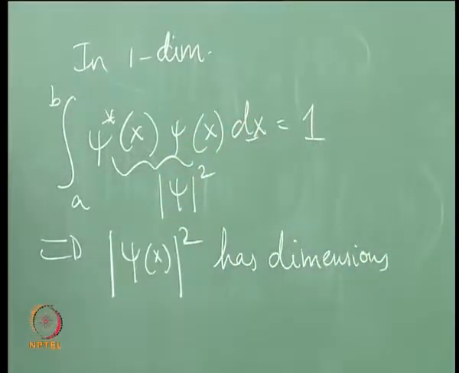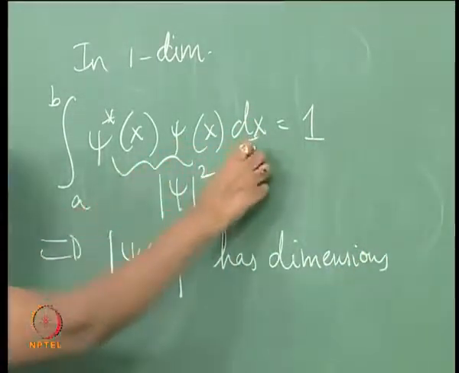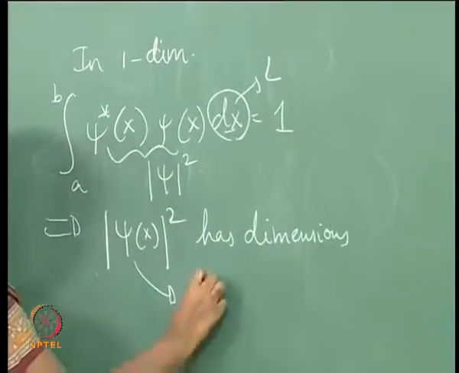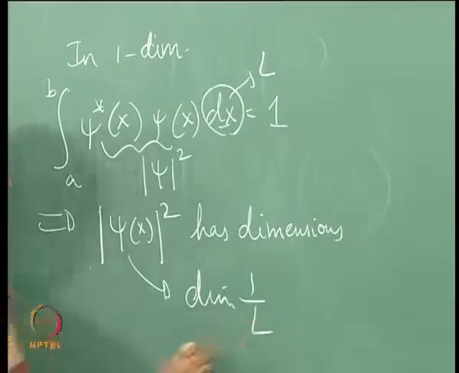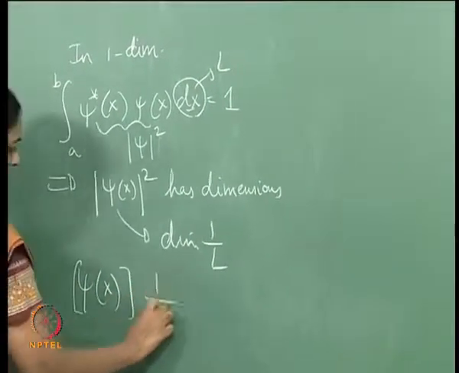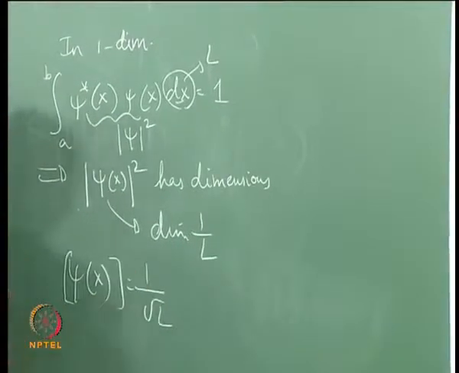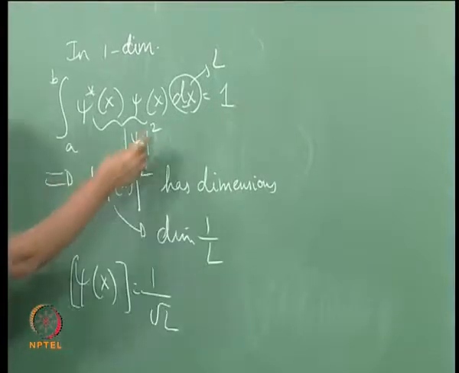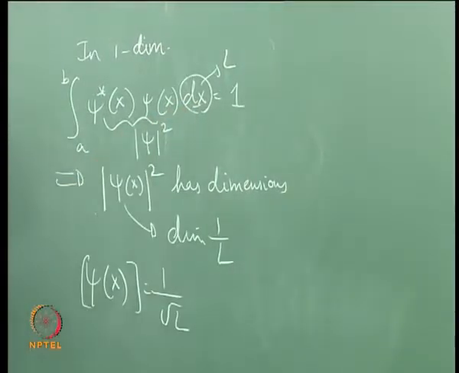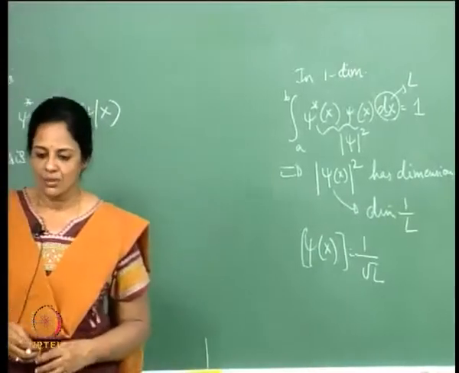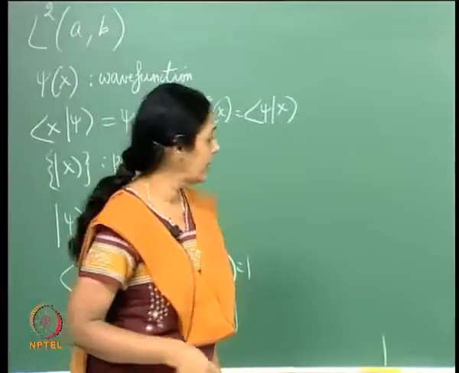This is dimensions length, and therefore mod psi squared has dimensions 1 by length, and therefore psi of x has dimension 1 by root L. This is in one dimension. Now suppose we were doing 2 dimensions, that would have been a d2x, and therefore psi star psi would have dimensions 1 by L squared, and psi of x would have physical dimensions 1 by L.